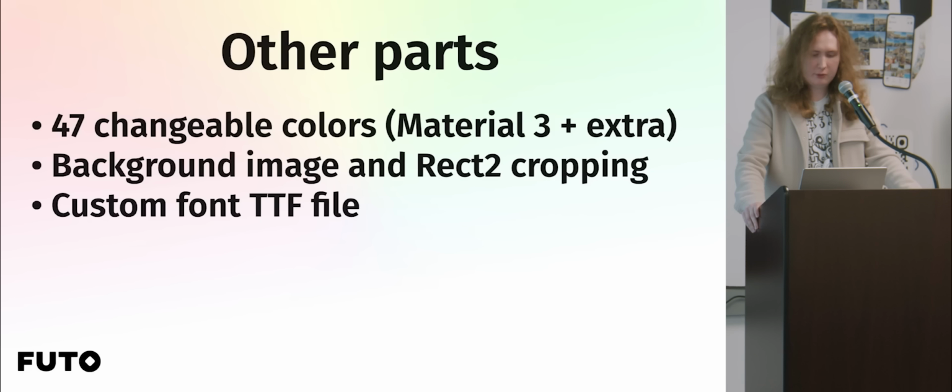You can specify a background image, and you can specify the ideal cropping. So it's not always going to be able to respect your cropping. It might go a little outside your cropping region based on the aspect ratio of the keyboard versus the image. And yeah, custom fonts are TTF files.